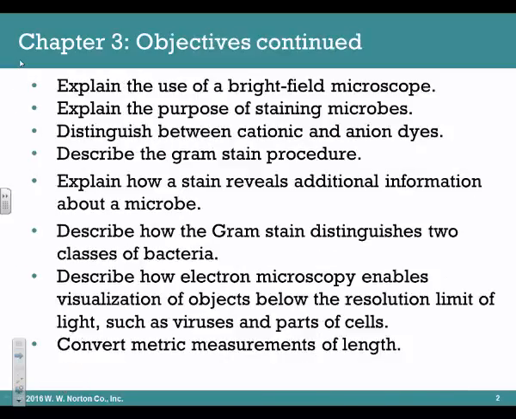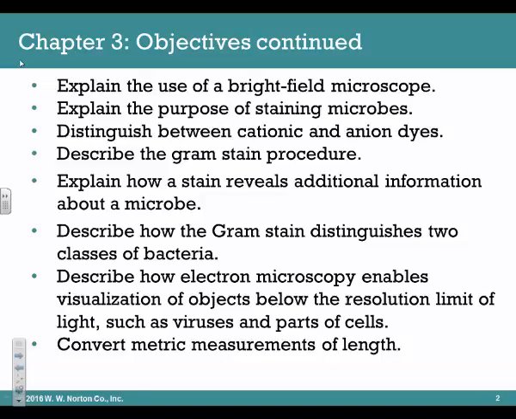So let's get started. In addition to these objectives that I want you to learn as you go through the reading and listen to the lecture, I also want you to be aware that what we do in lab is also supporting what you're learning. So we're going to do a gram stain. We're going to use the microscope.